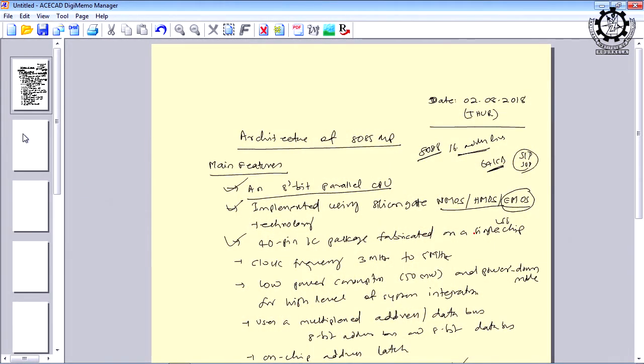The meaning is that it is an IC of 40 pins, where on the left side you will get 20 pins and on the right side you will get another 20 pins, and each and every pin is important for us. Therefore, we shall exclusively discuss the function of each pin, and you need not remember the pin numbers or its structure, its organization, but certainly you have to remember the functions of that particular pin.